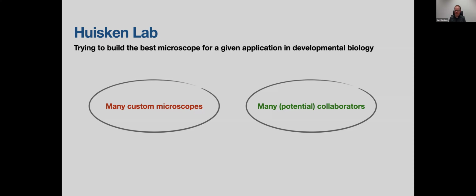So if you want to be maximally collaborative, then you also have to think about how to share the technology with other people. Publishing a cool new microscope in whatever Nature Methods doesn't really help anybody if nobody is able to reproduce that system, and if you're basically asking people to come to your lab to use the instrument. So that's something we ultimately need to address if we want to have a maximal impact.